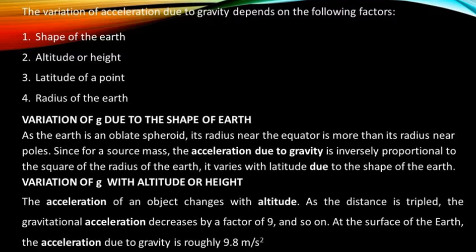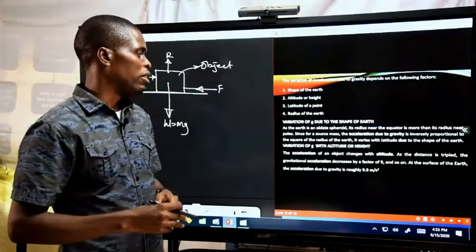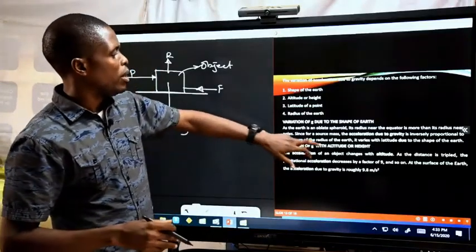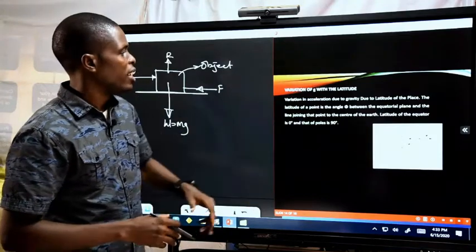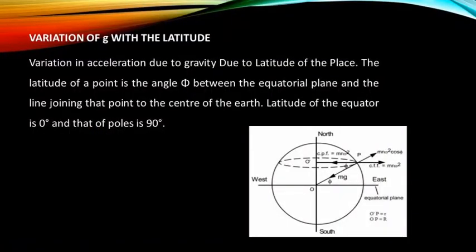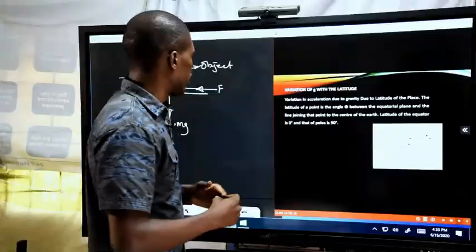Another one is the radius of the Earth. And these four factors can influence the acceleration due to gravity. Okay, so we have a short explanation included there. And with that, you can look at the relationship of acceleration due to gravity with respect to altitude, latitude, radius, and so on and so forth.